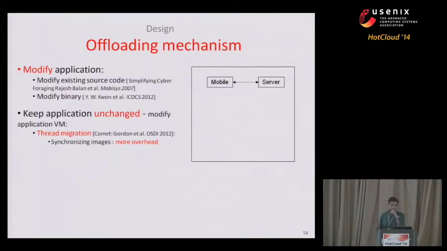What they do here is that they have an image of the mobile phone on the server side, and they have a continuous synchronization, updating all the states. And they do some sort of thread migration, that whenever a thread is executing, working very hard, you can offload it to the server side. But again, the problem with this approach is that you have to maintain the synchronization between the mobile device and the server continuously, which creates a lot of overhead.